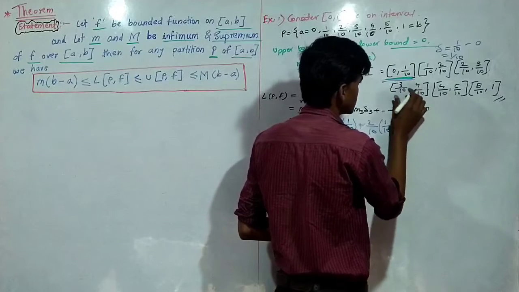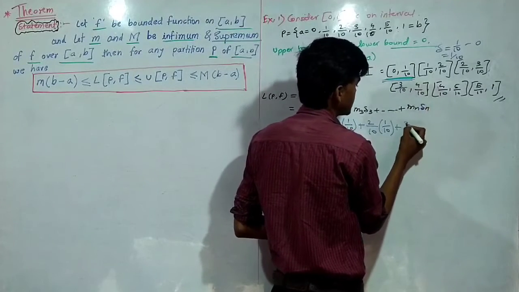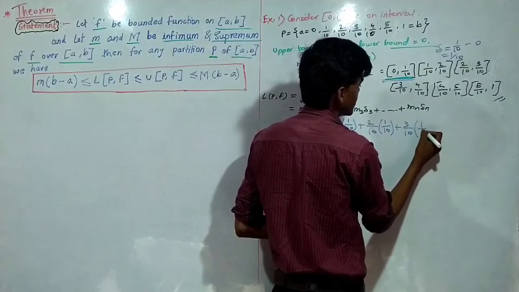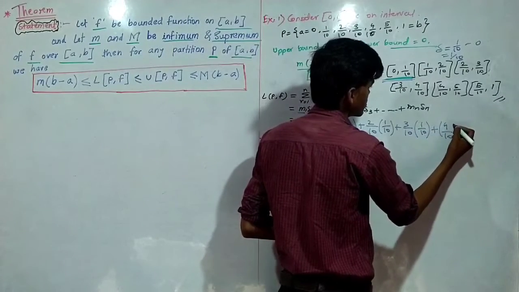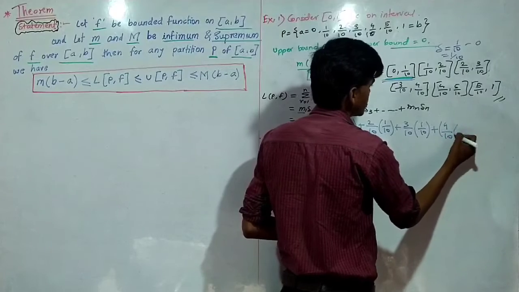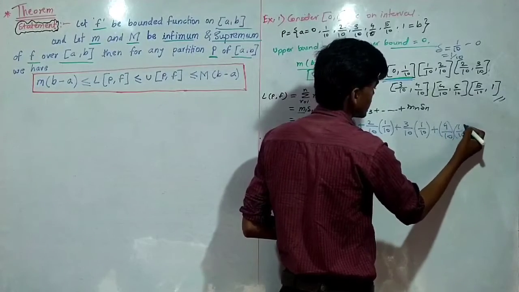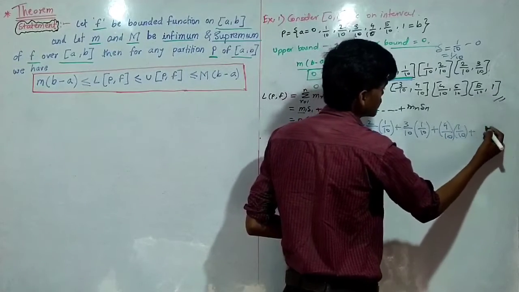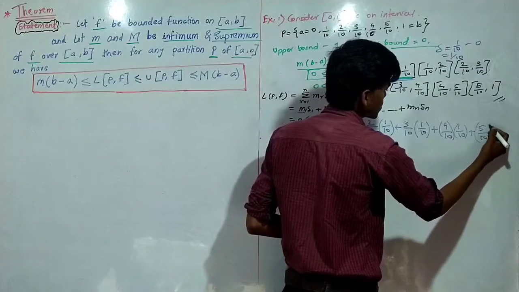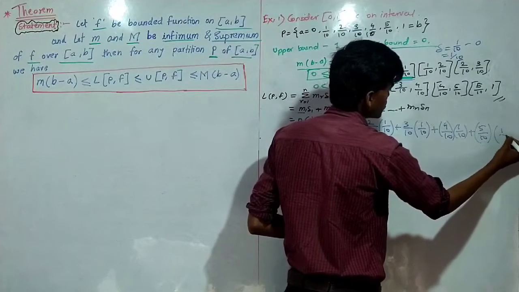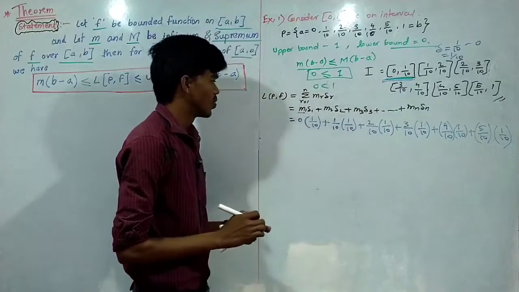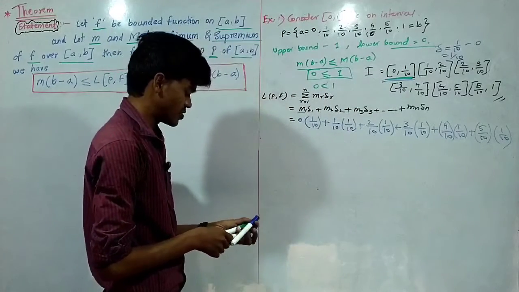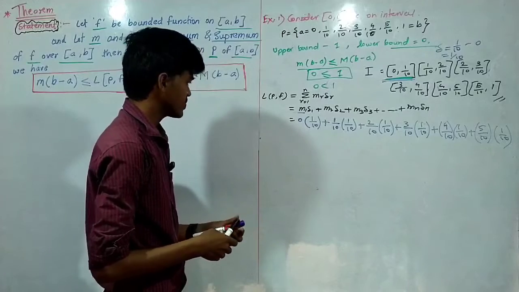So 2 by 10, again 3 by 10 into 1 by 10, plus 4 by 10 into 1 by 10, and also 5 by 10 into 1 by 10. So these are our lower sum values or lower bounds.